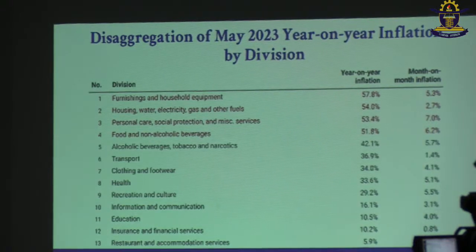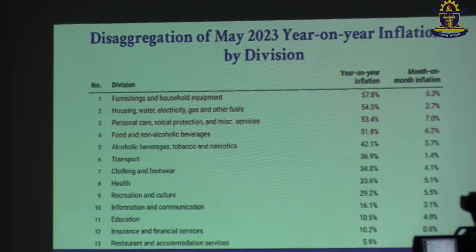Further disaggregation is done at a 13 division point. It would be recalled that we indicated in the introduction that the 307 items are ordered in a hierarchy, starting from 13 divisions through to 44 groups, 156 subclasses, and the 307 items. Of the 13 divisions, we identified 4 divisions that recorded rates of inflation higher than the national rate of inflation.